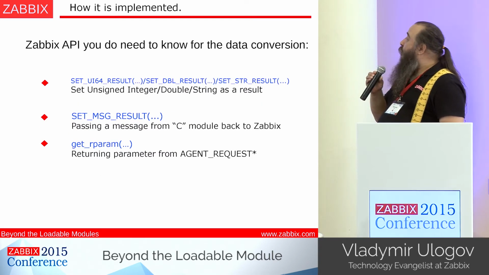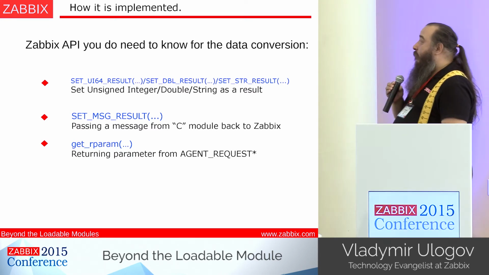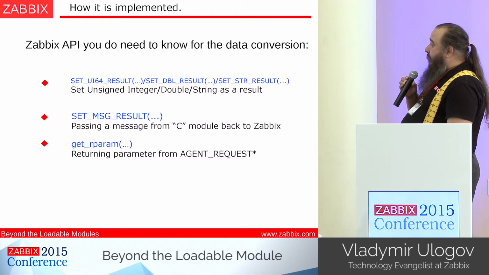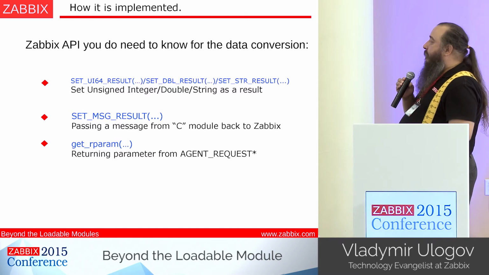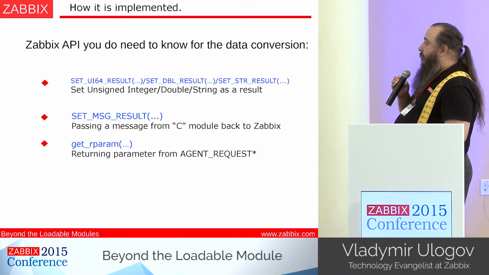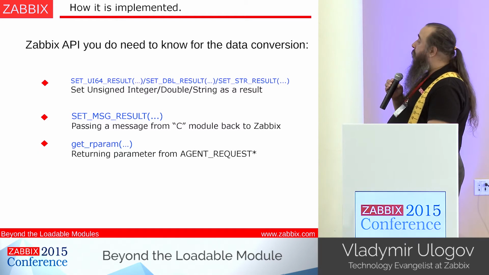The Zabbix API you do need to know for the data conversion. This is the Zabbix side of the problem. And this is pretty straightforward. In Zabbix, if you want to return any data from your code back to Zabbix, you are going to use any of those three functions: SET_UI64_RESULT, SET_DBL_RESULT, and SET_STR_RESULT.